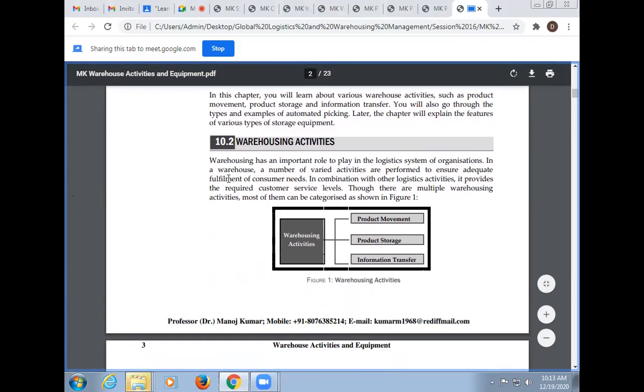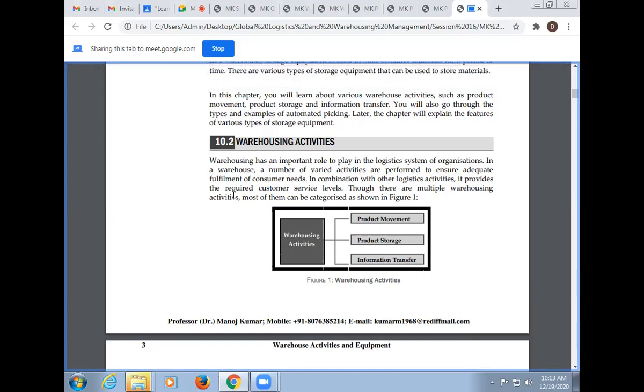Warehousing activity. Warehousing has an important role to play in the logistics system of an organization. In a warehouse, a number of varied activities are performed to ensure adequate fulfillment of the customer need. Customers are the king in today's world. As the customer fulfillment is there, the warehouse activity will be performed according to the customer's fulfillment.